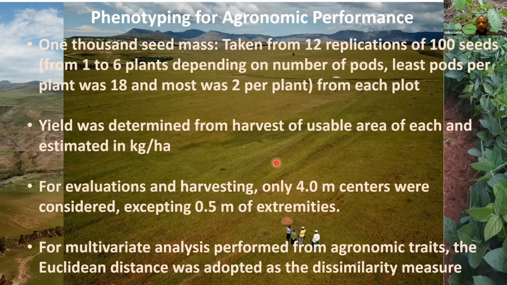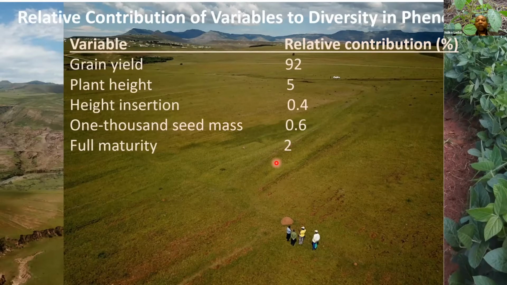From our analysis, we found that grain yield, which is the kilograms per hectare, was the most reflective characteristic in terms of the differences in these genotypes that we're looking at.